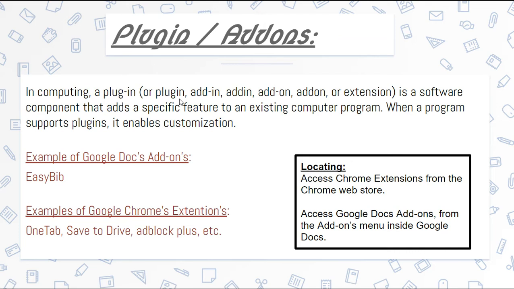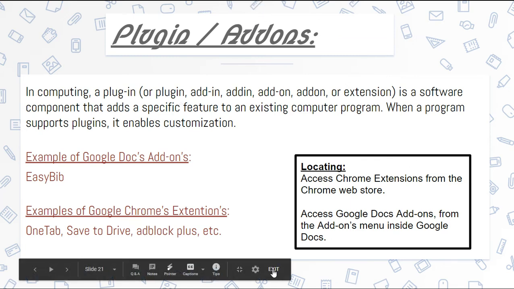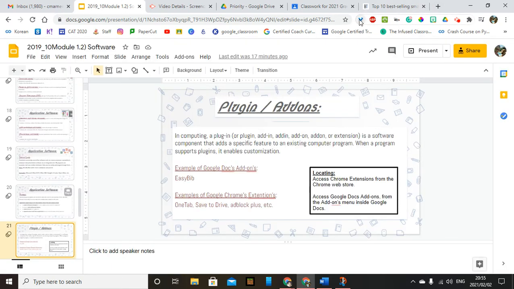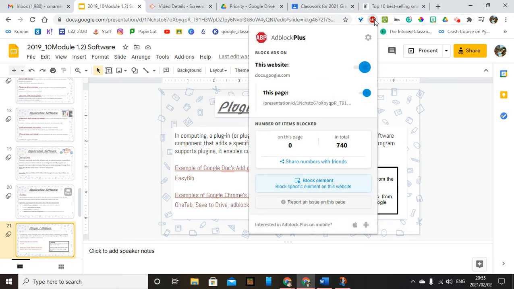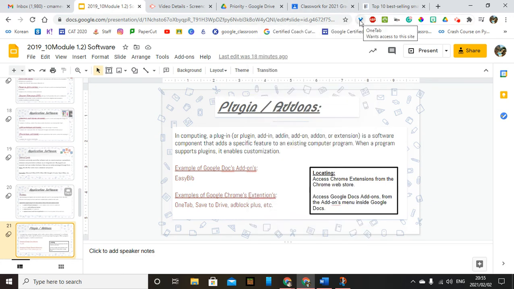An example of one of Google Chrome's extensions, you get something like AdBlock Plus, Save to Drive, One Tab, and they're little programs that will appear over here on a website, and they do things. For me, I love AdBlock Plus. It blocks adverts on a website. One Tab is one of my favorite.